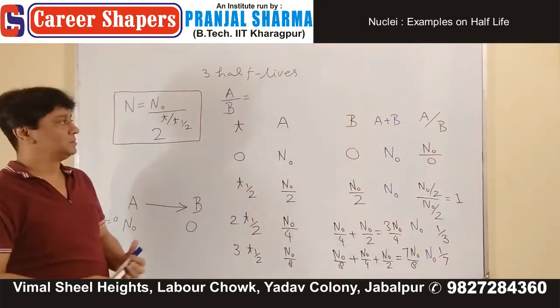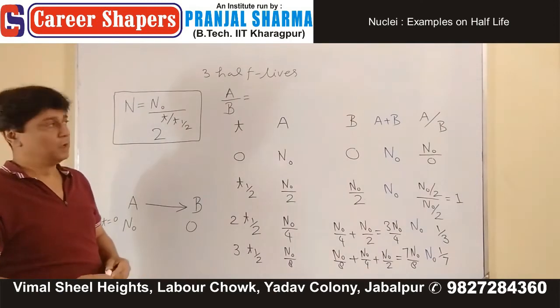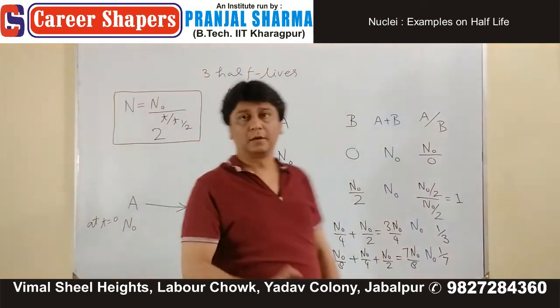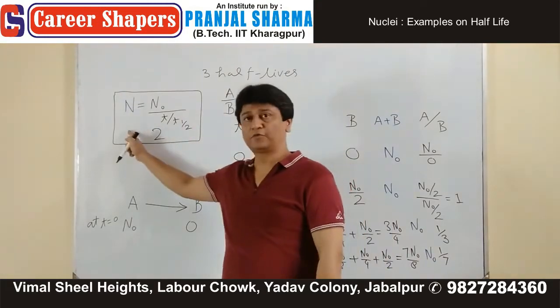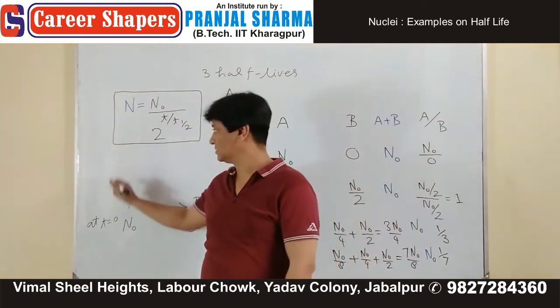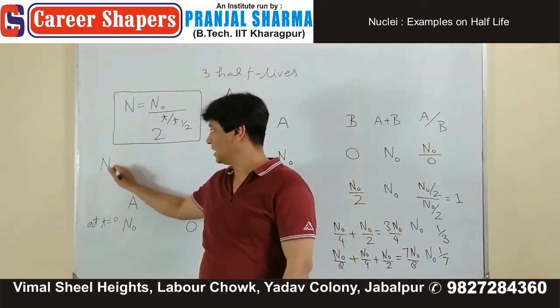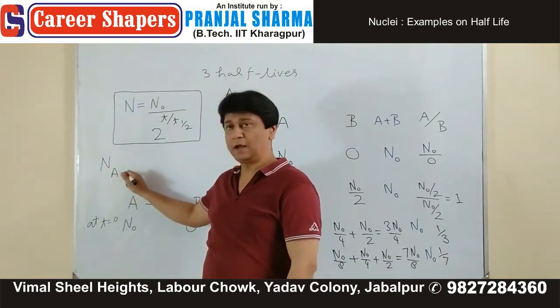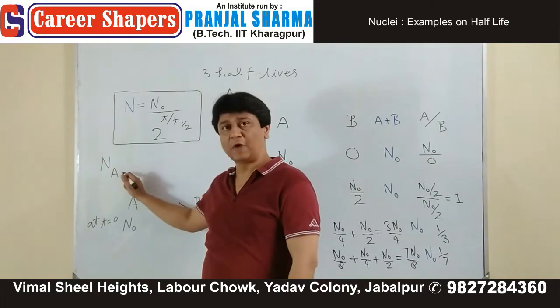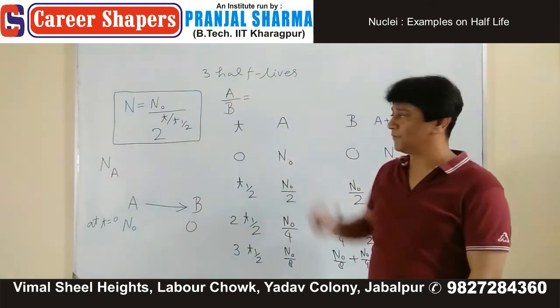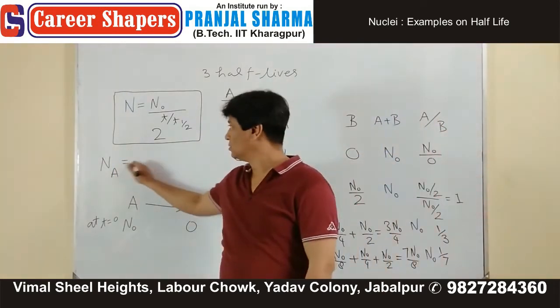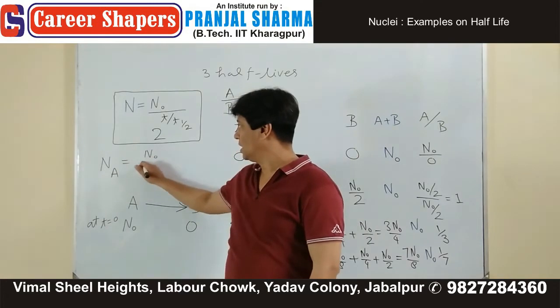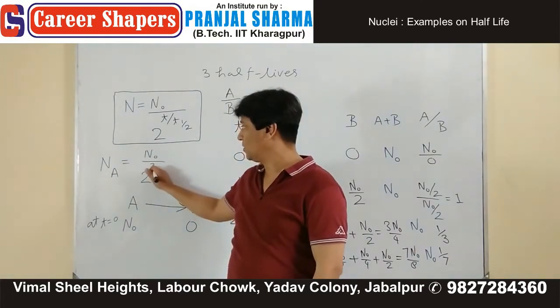That means we can use this formula and say this N A. We are calculating all these values after 3 half-lives, remember now. So this will be N naught upon 2 to the power 3.